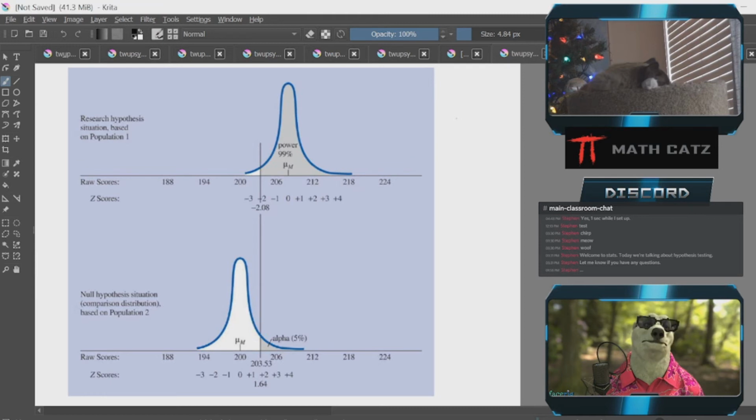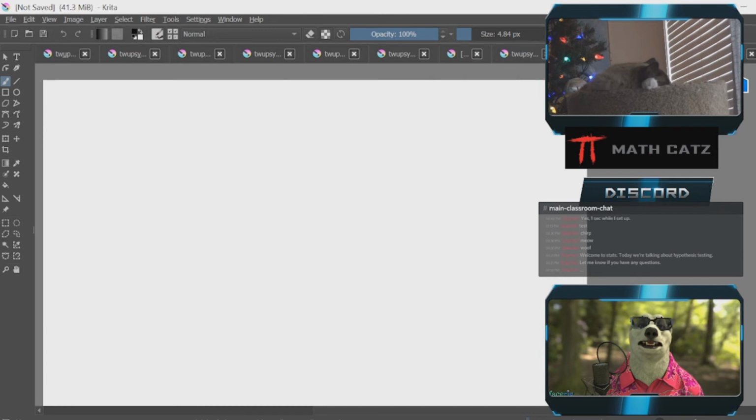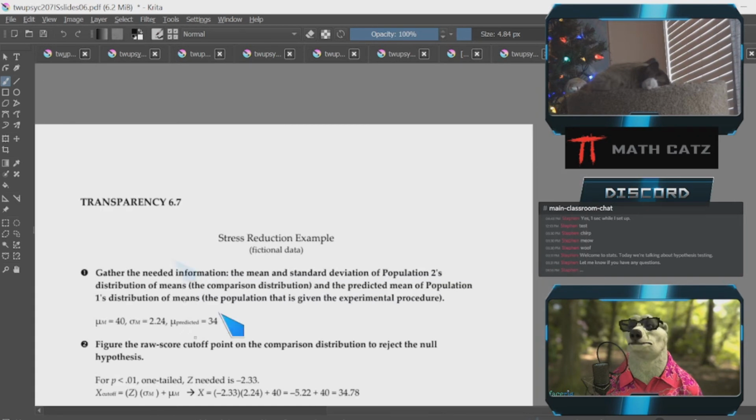Let's look at another example. I want to read the example first. I don't want to reveal too much of it, so we are in the bottom corner here. If you remember the stress reduction example that we looked at, trying to see if whatever the treatment was reduces the stress ratings of people.